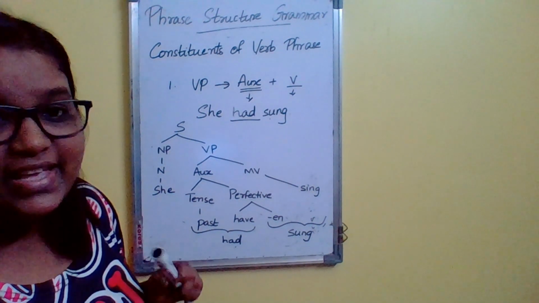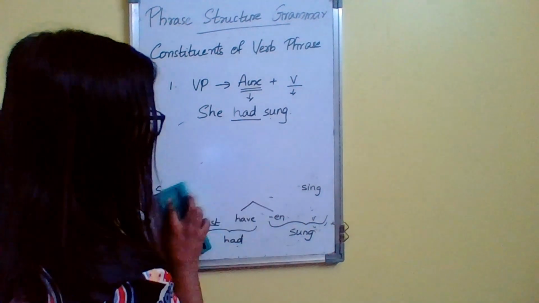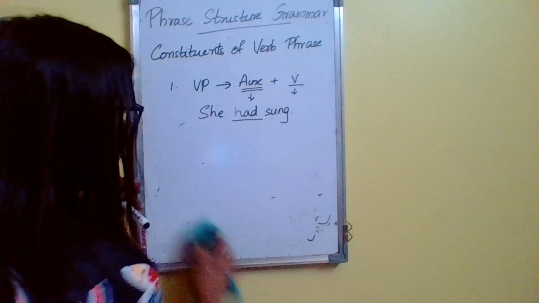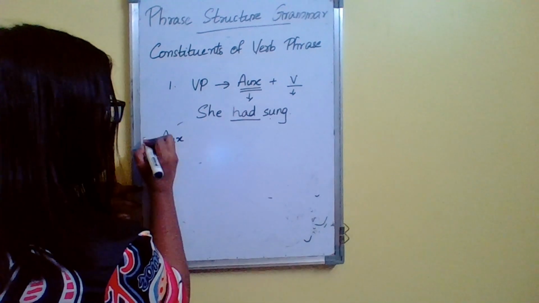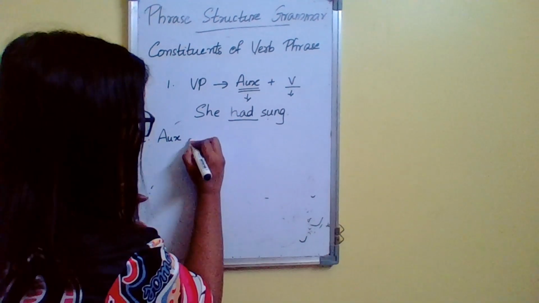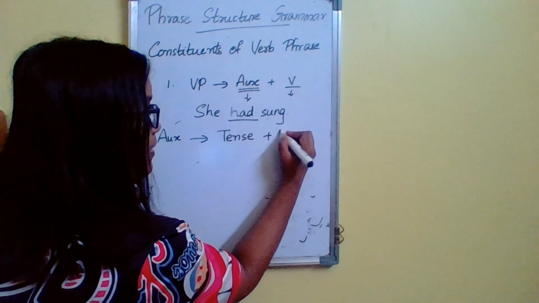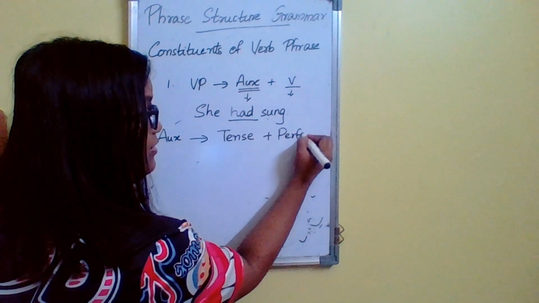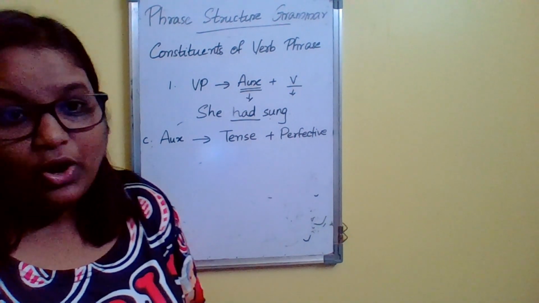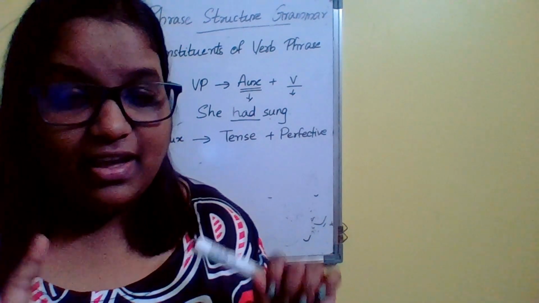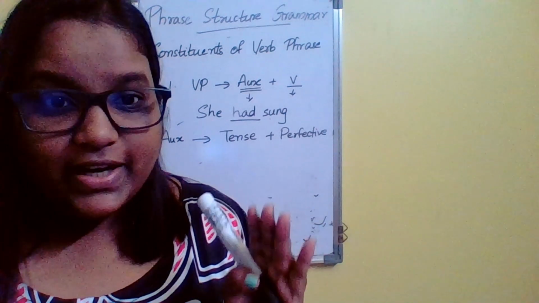Now let us rewrite the possibility of what constitutes an auxiliary. So according to this particular tree diagram we just did, the third possibility of auxiliary is tense plus perfective.